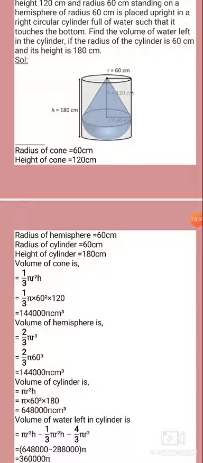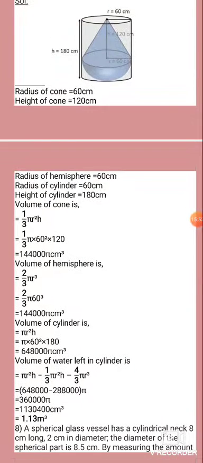Next one, volume of the water left in the cylinder is pi r square h minus 1 by 3 pi r square h minus 2 by 3 pi r cube. So which is equal to what? 6,48,000 minus 2,88,000 pi. At last what we get? 3,60,000 pi. Now substitute the value of pi.